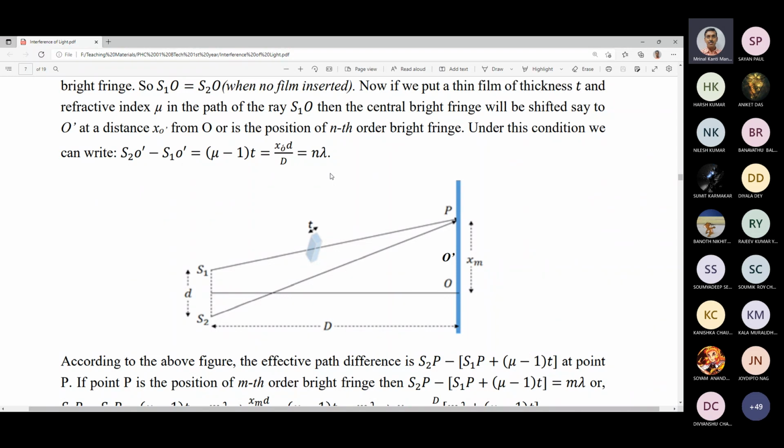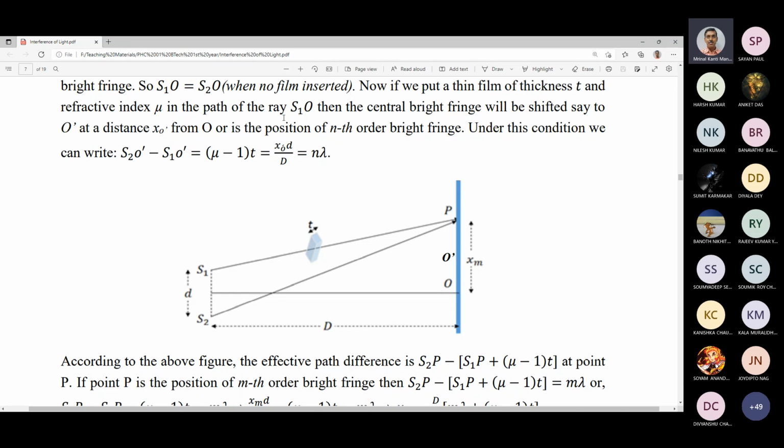Now this maxima is shifted to the position of the nth order maxima. Then we can write (mu minus 1) t equal to n lambda. So (mu minus 1) t is equal to x0 d divided by capital D, or equal to n lambda.